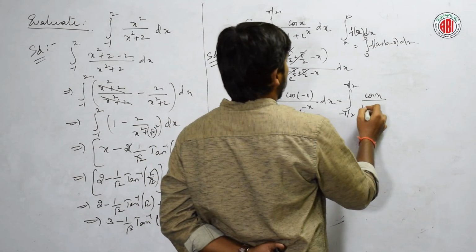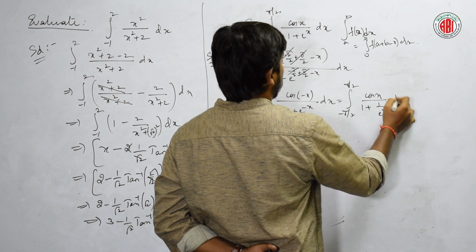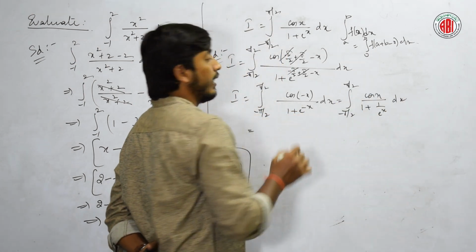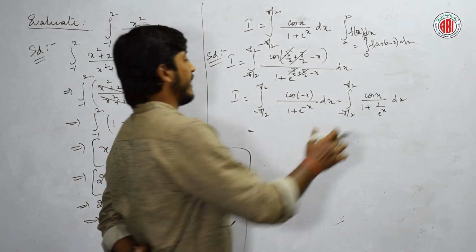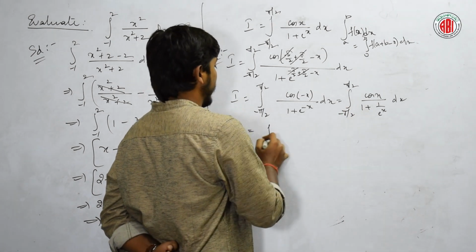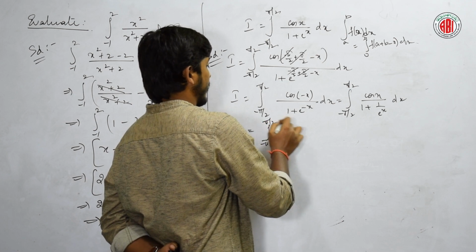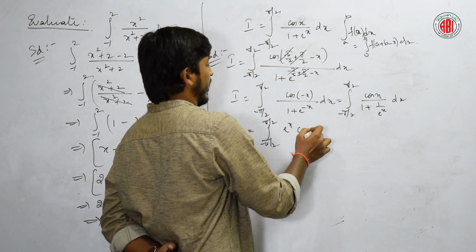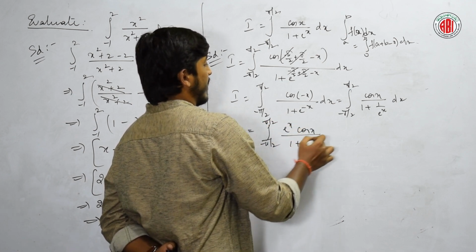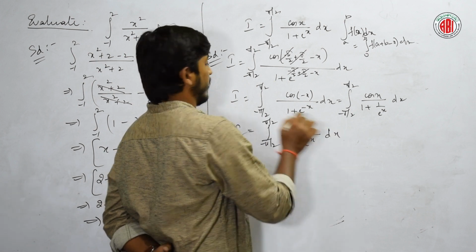So this is 1 plus 1 by e power x dx. Is it right? Now let us take the LCM. What do I get? We get e power x plus 1 by e power x. So that is nothing but e power x in the numerator by 1 plus e power x in the denominator.